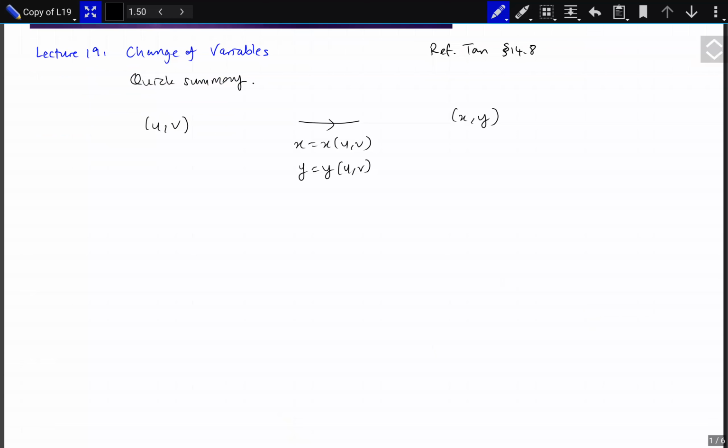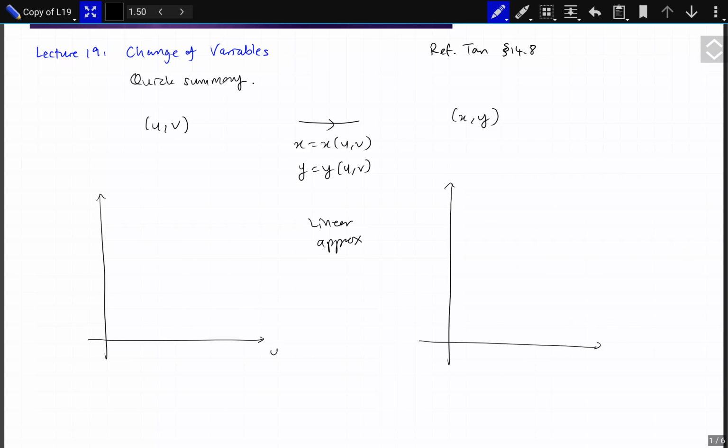Now if we zoom near a point, and we look at how to approximate this change, if we take the linear approximation of this change of variable, what do we get?